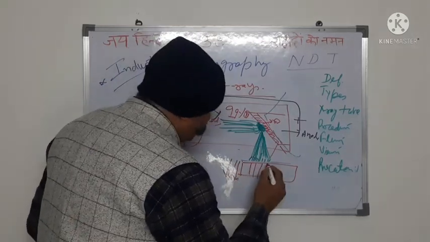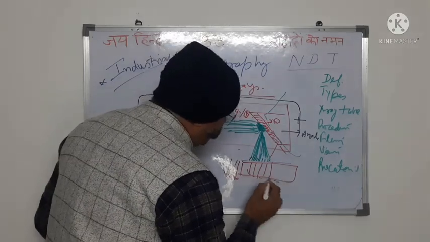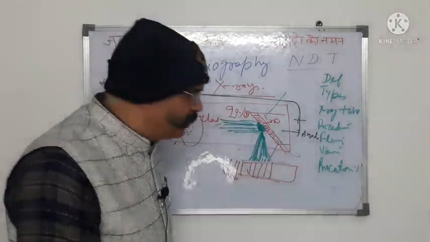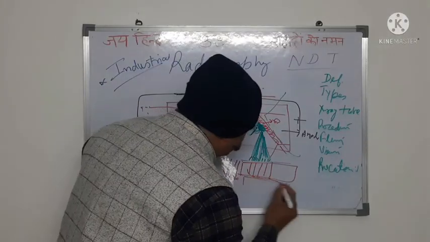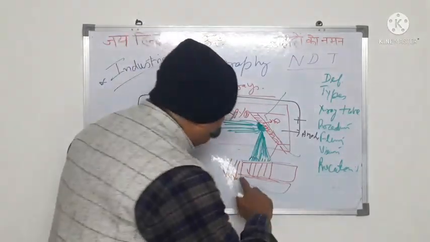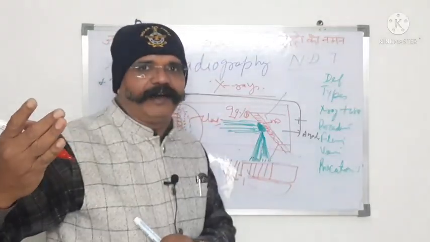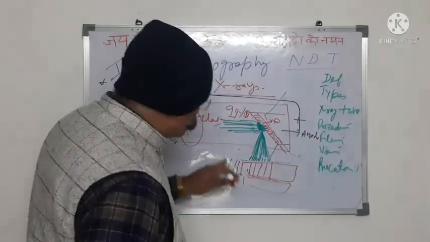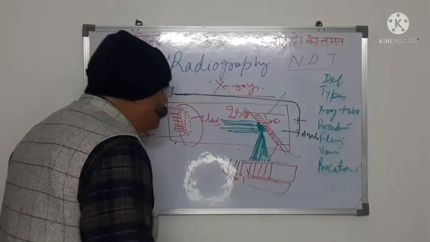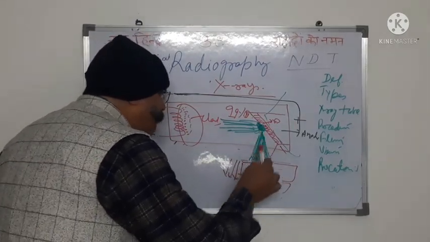Unless these X-rays are able to penetrate this object, how will they carry the information in the form of varying density, varying darkness on the X-ray film? So you may need to control the energy of these X-rays.